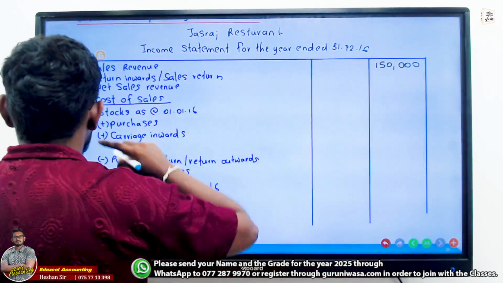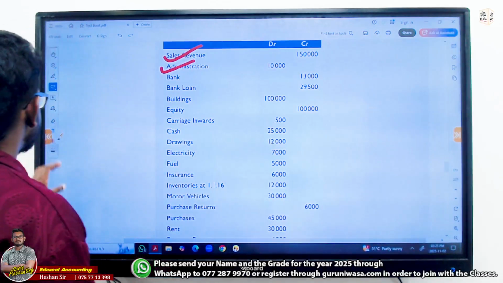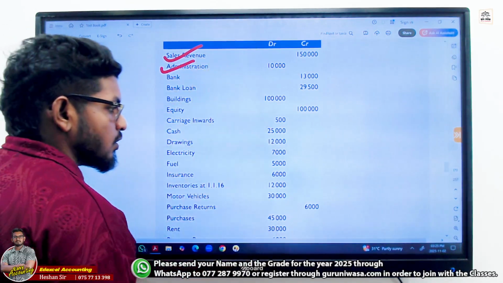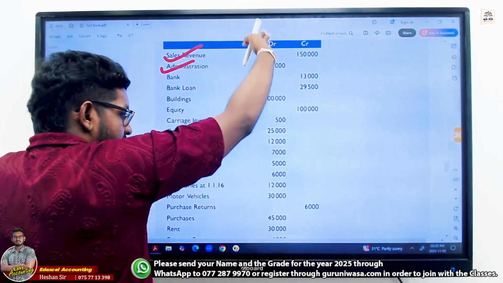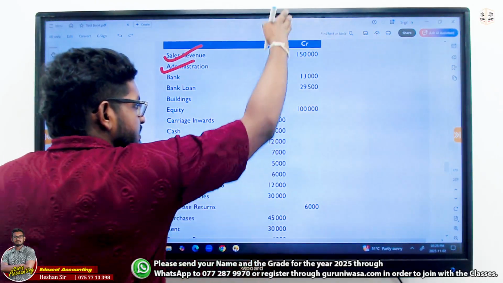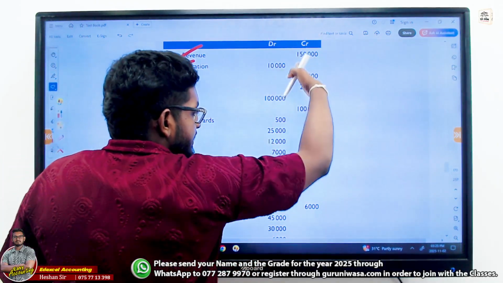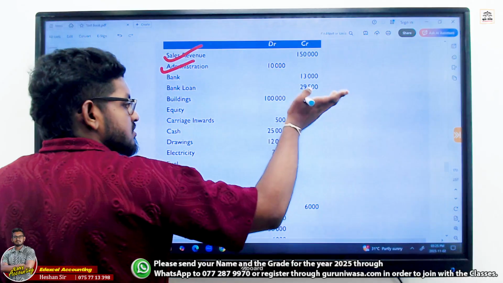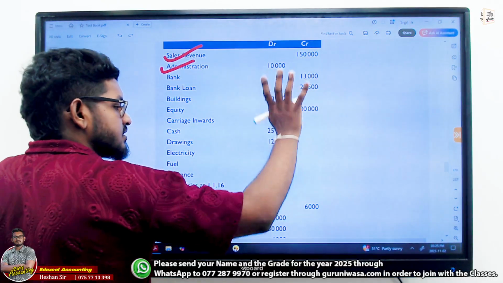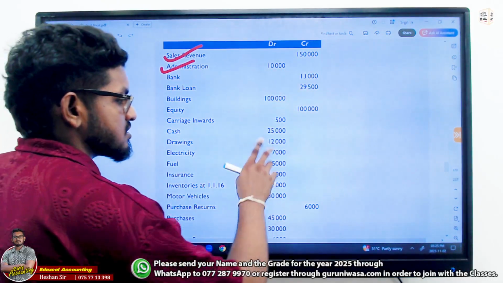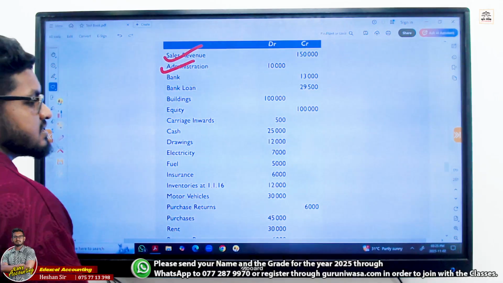Then administration, it comes on the debit side. Remember, assets and expenses are mainly on the debit side. Liability, income and equity are credit, but sales return and purchase return are treated separately because they decrease an expense or decrease income.